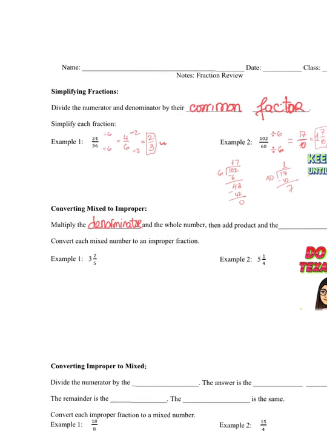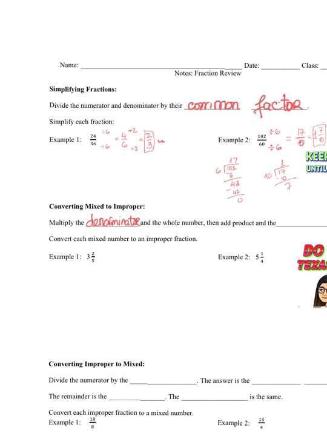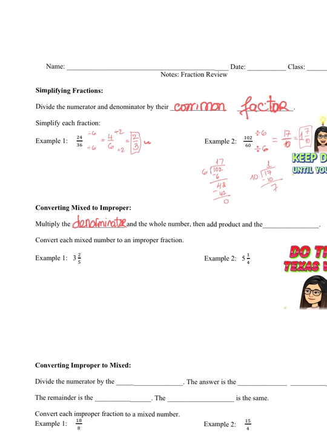And then add the product and the numerator. Convert each mixed number to an improper fraction. Example 1, 3 and 2/5.